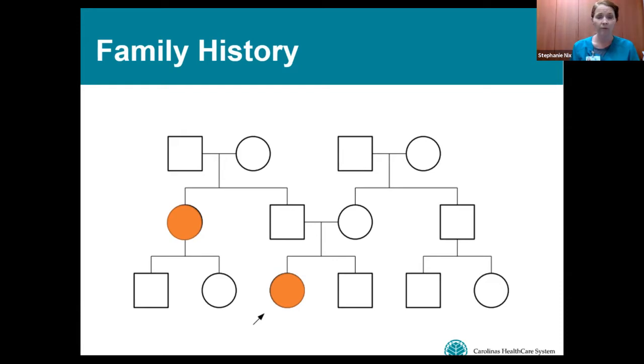We often don't know what type of cancer someone could have had, and medical records may not be available. Just imagine that the family shares that my grandmother had bone cancer. Well, that could be a primary bone cancer, or it could have been a breast cancer that became metastatic and went to the bone. And we won't know that based on that information. So we take what information we can and put it together.